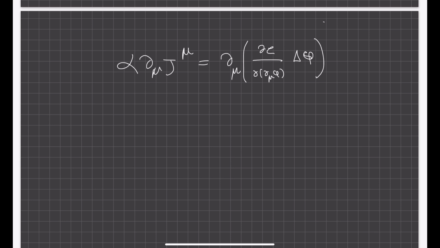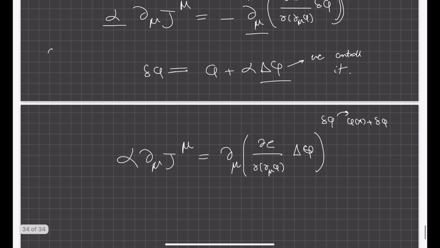Maybe I wasn't really clear on that: delta phi means we take phi of x and add some variation, and we say this variation is equal to alpha delta phi.